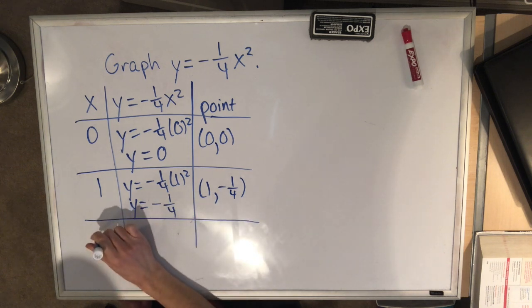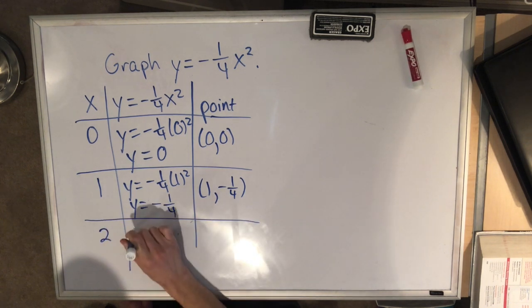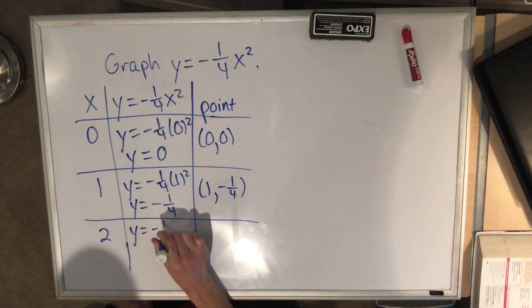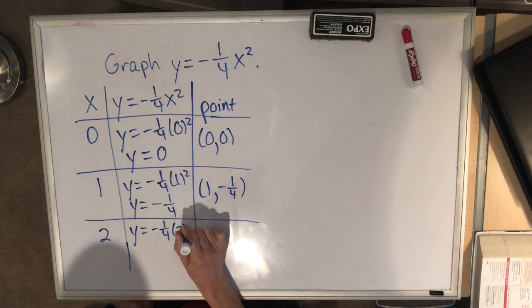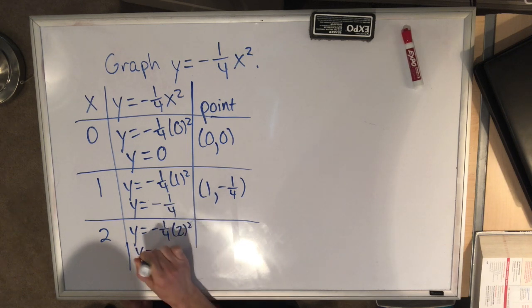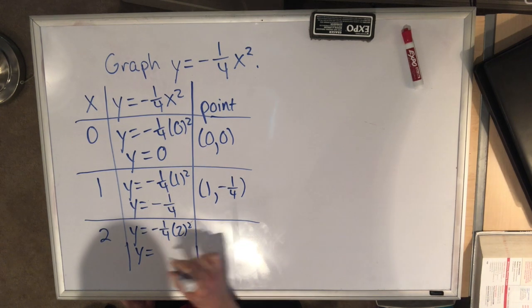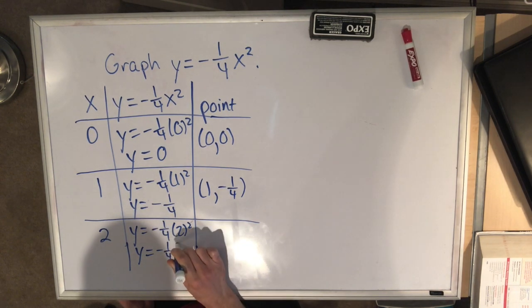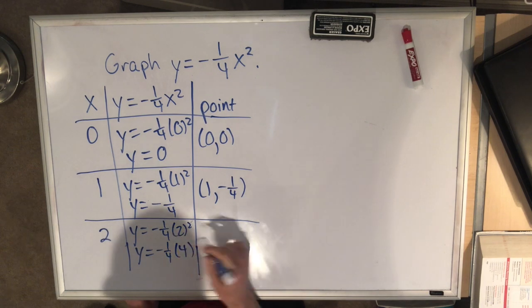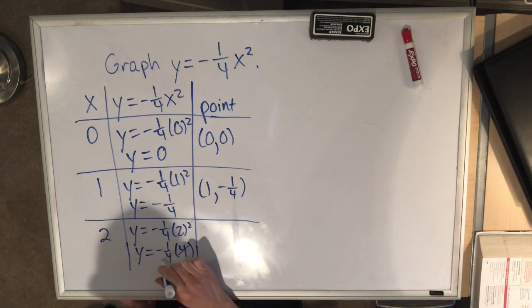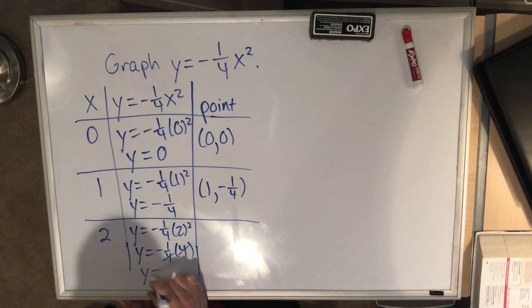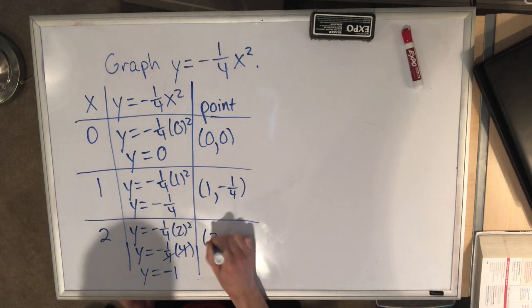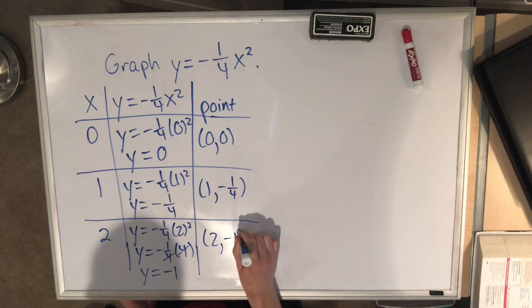And then substituting in 2 for x, y equals -1/4 times 2 squared. 2 squared is 4, which gives us -1/4 times 4. 4 on top cancels out with 4 on the bottom. So we get y equals -1, the point 2, -1.